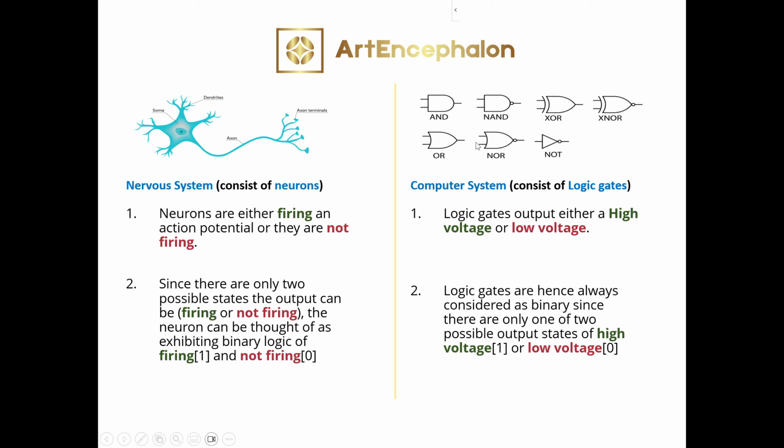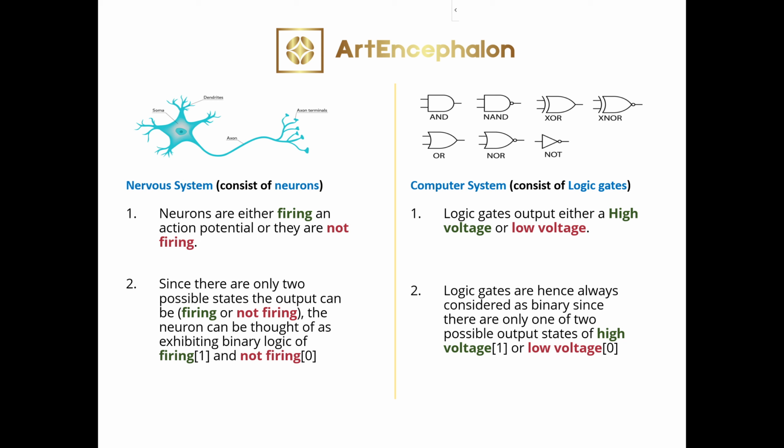So what we've said is that over here is a neuron. Again, look at the soma, the dendrites, the axon, and the axon terminal. So this is a neuron. This neuron is similar to these logic gates: the AND, the NAND, the exclusive OR, the NOT, the NOR, the OR gates.